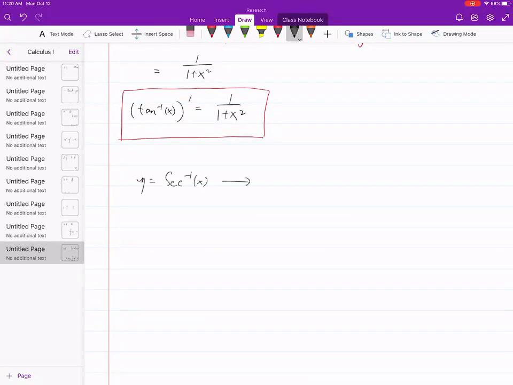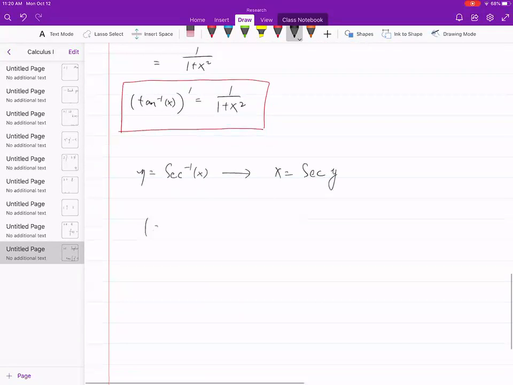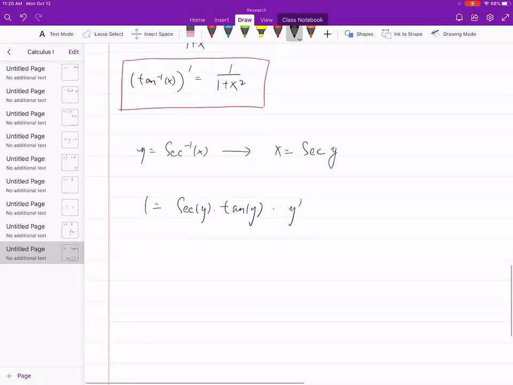Okay. Same logic. Secant inverse becomes secant, and you switch x and y. Derivative of secant, which is secant tangent, with a y prime when you finish.